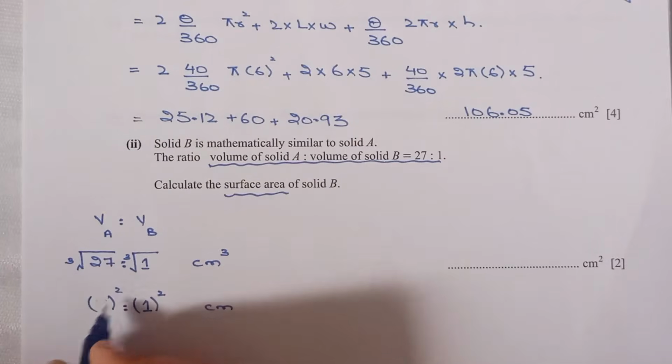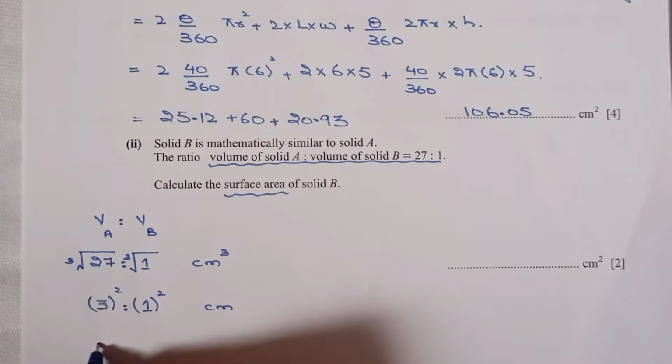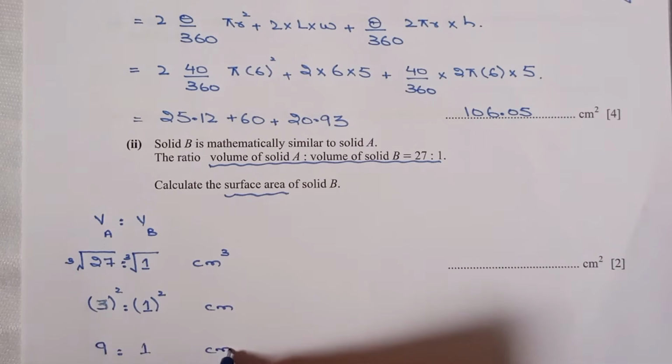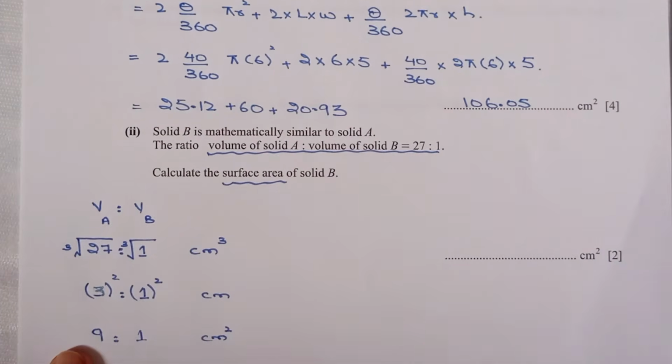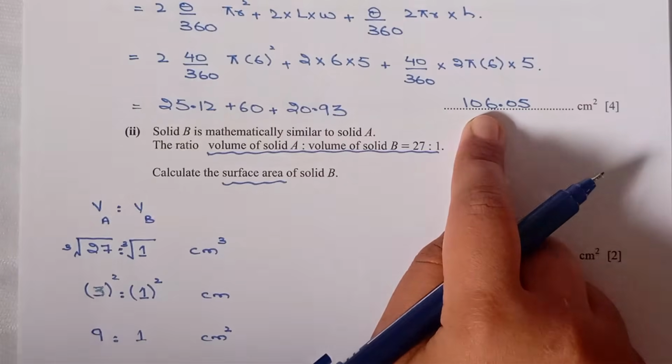The cube root of 27 is 3. So 3 squared is 9, and 1 squared is 1. This is representing centimeters squared, this is for area. So for solid A the area is 9, and for solid B the area is 1. And we know that for solid A the area is 106.